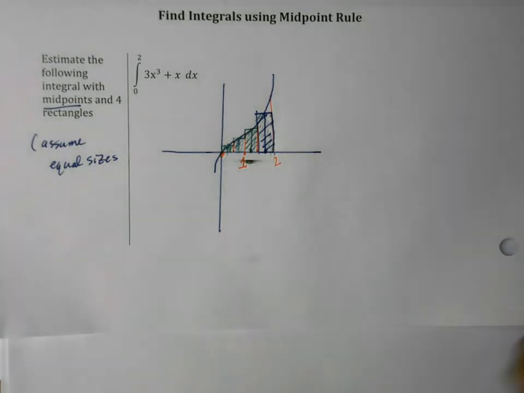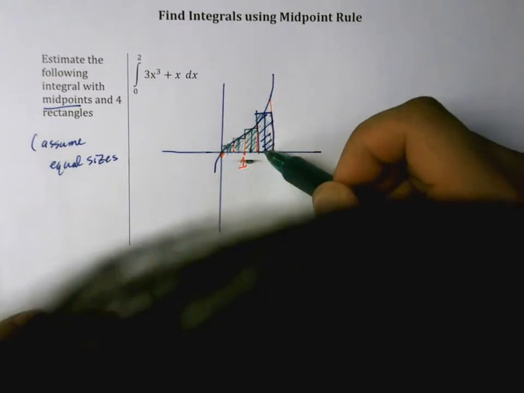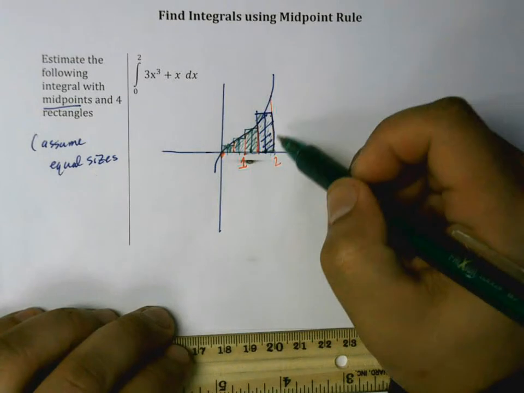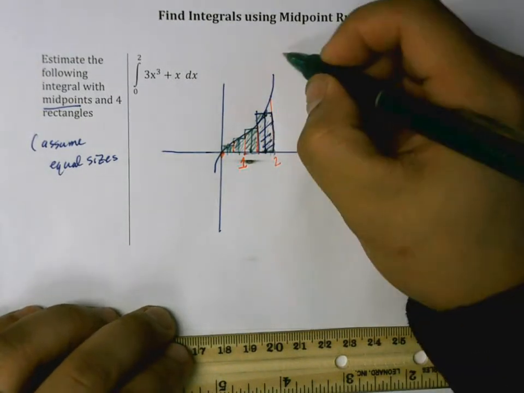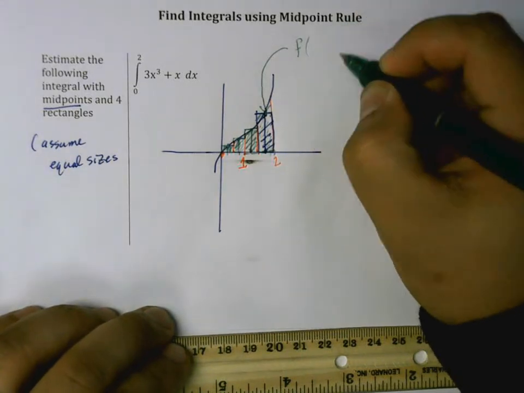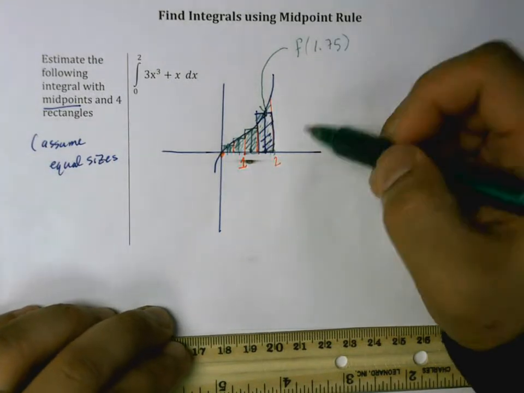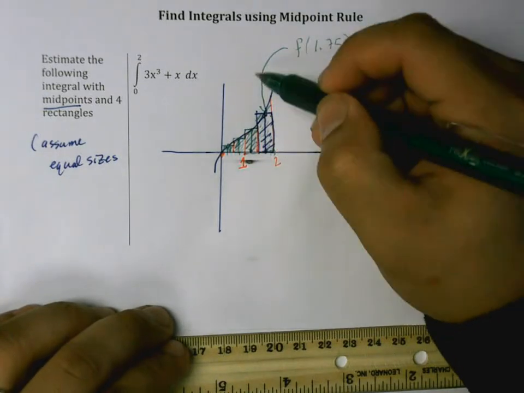So to recap, we first start out by drawing the bases of these rectangles, and then we decide how to find the height of the rectangles by using the midpoint of the bases and extending that to the function. So this point here is going to be f of 1.75, that's the midpoint between 1.5 and 2.